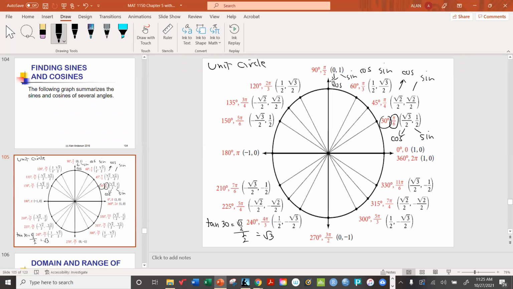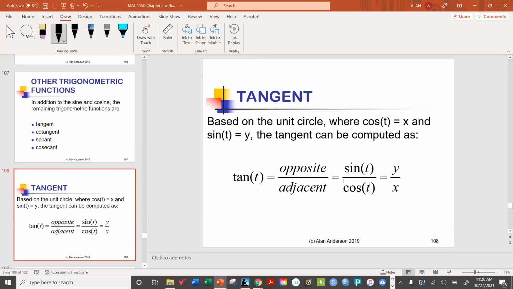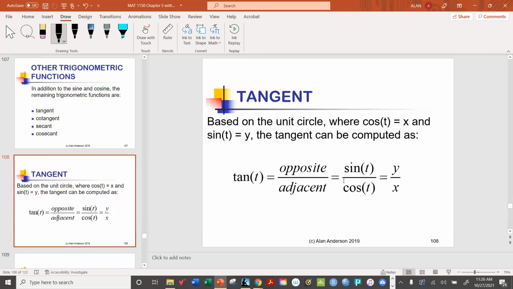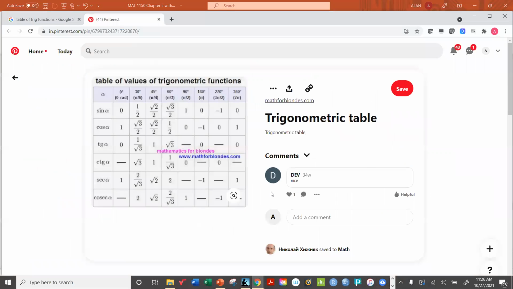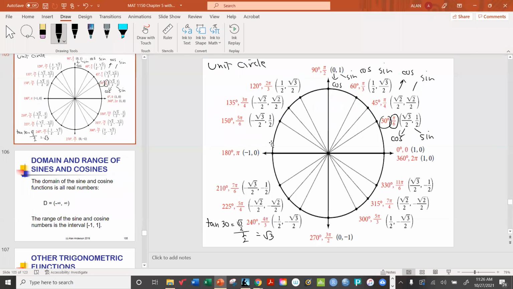In other words, you may have wondered, well, we've got all the sines and cosines. Is that all we need? Well, it turns out that yes, that is absolutely correct, because all the other trig functions can be derived from the sine and the cosine. As we saw here, oh, wait a minute. I think I got it upside down. Sorry. Sine over cosine. Let me fix that.